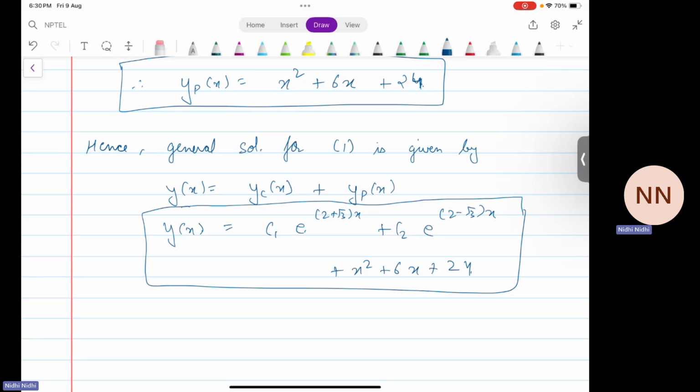We take this yp function such that it satisfies our equation. So just putting it into the equation and then finding the values of the coefficients, we get the particular integral, and hence using the complementary function and the particular solution, we get a general solution. And that is why, since we are trying to find the coefficients, we call this the method of undetermined coefficients.